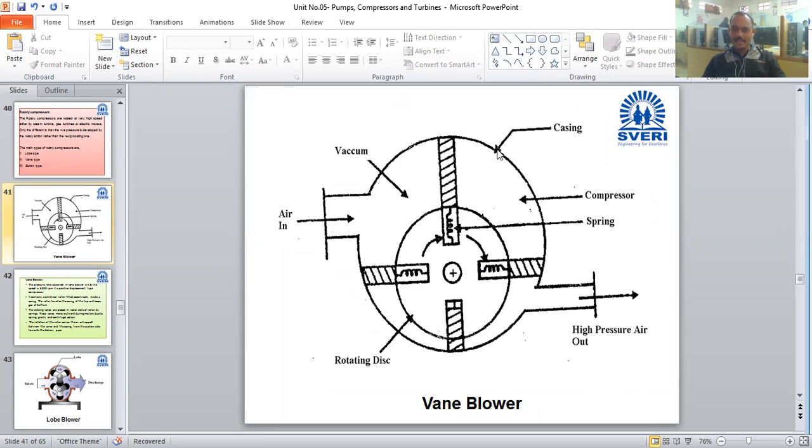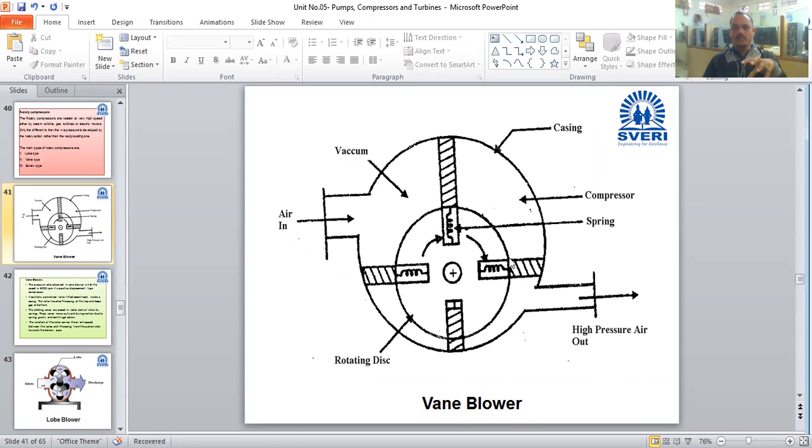This one is the casing. The casing is a cylindrical chamber which consists of two ports for air inlet and air outlet. In that, one rotating disc is mounted eccentrically, with some distance from the center of the casing.